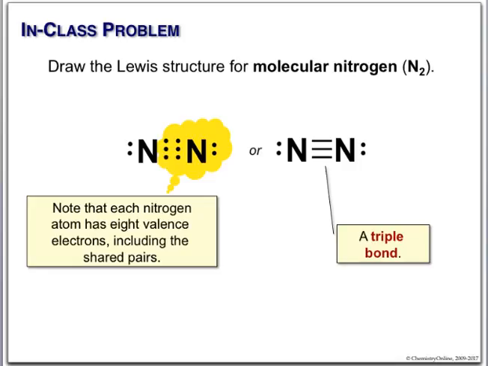When we form bonds like this, we can form single, double, or triple bonds. Single bond has 2 shared electrons, double has 4, and our triple here has 6 shared electrons.